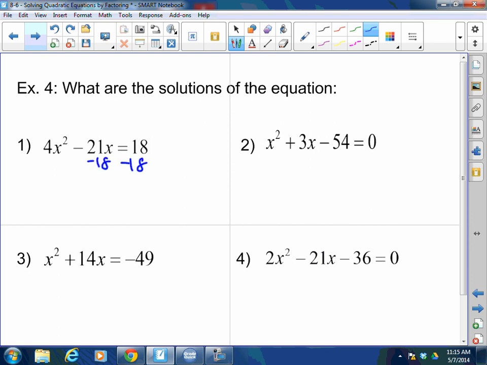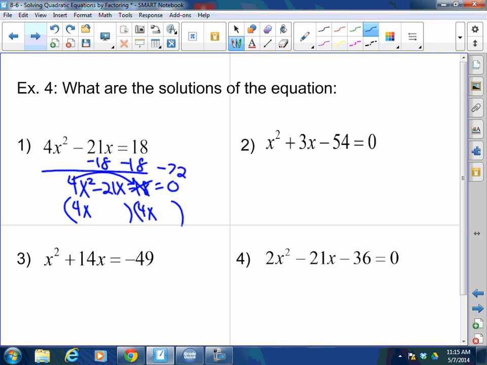So, subtract 18 on both sides. 4x squared minus 21x minus 18 equals 0. Cubic method. 4x, 4x. 4 times negative 18 is negative 72. What times what is negative 72, but when added together is negative 21?